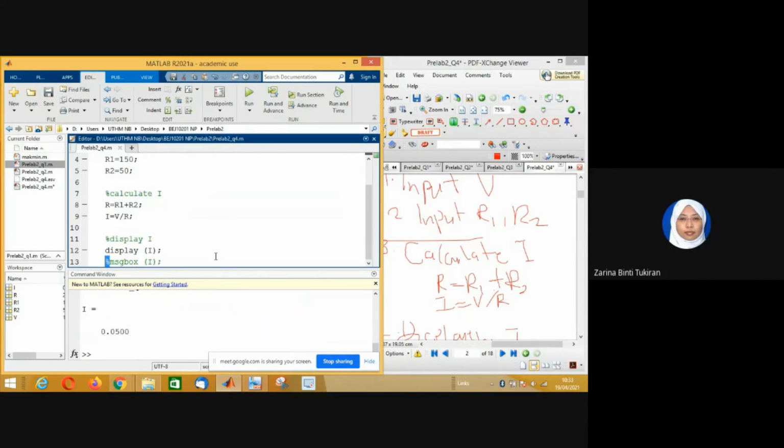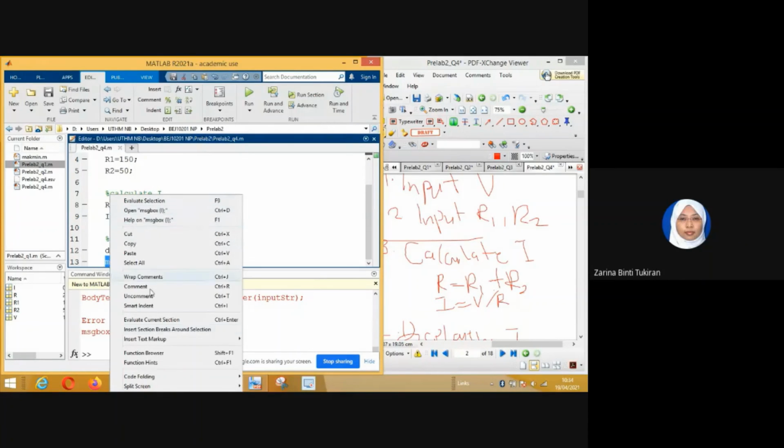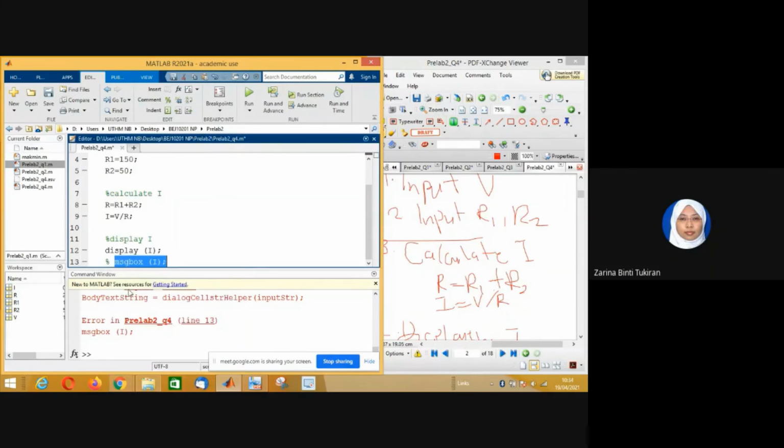Okay, so when you run, you get the successful program. But if you delete the comment, then you know this is the line that produced the error. So it's better you put it as a comment first before you troubleshoot the program. Okay.